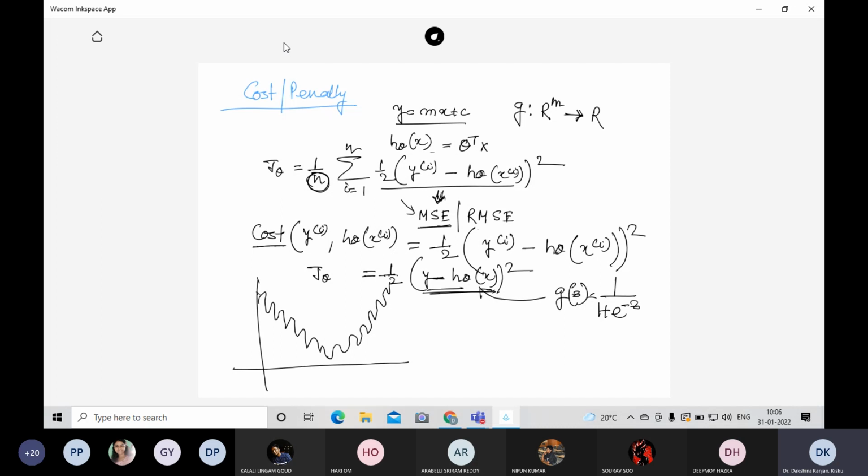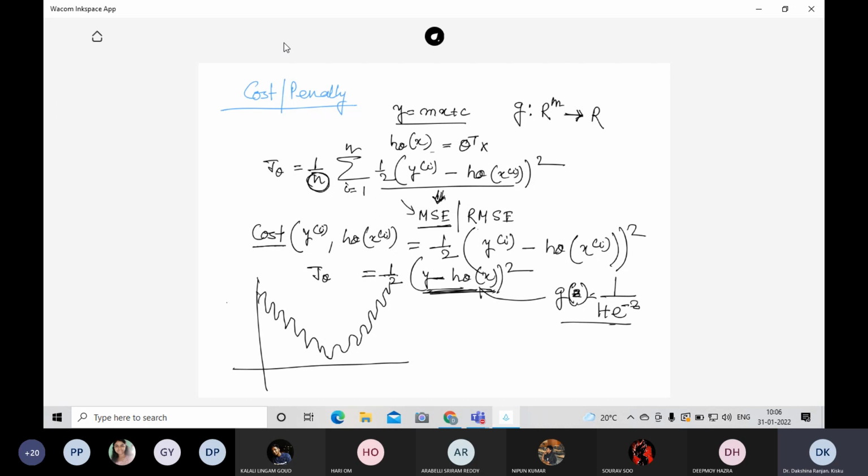But here you can observe that the equation of the logistic regression gives us non-linearity. In linear regression, we have seen that there is a linear relationship between the data points, but when you introduce this nonlinearity in this error function or penalty function, then we can obtain this type of error curve, or penalty curve.